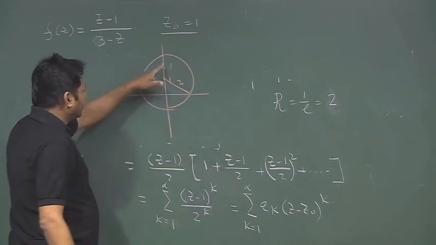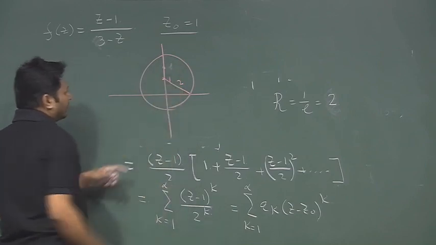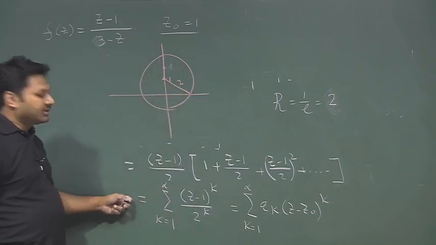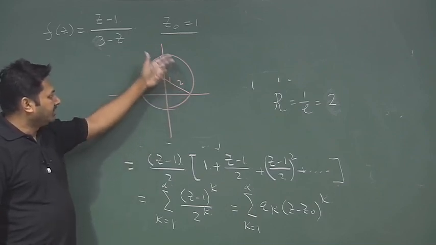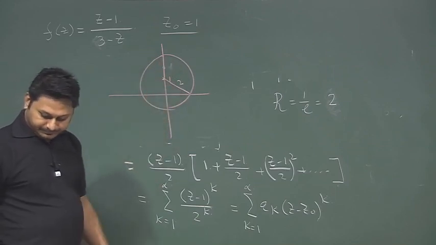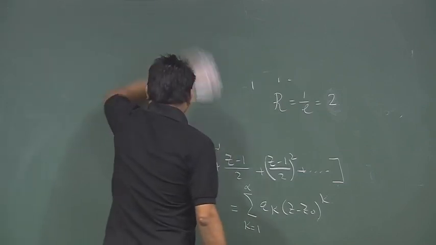So, this is the region where this expansion is valid, and it will converge for all z's lying in this region. Okay.